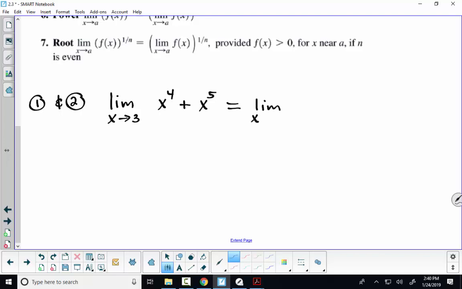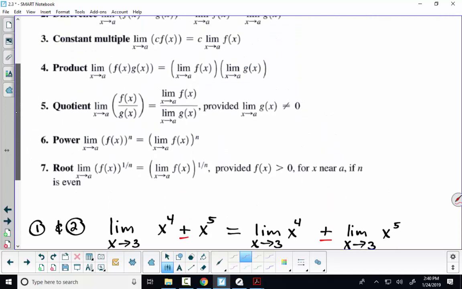So the limit as x approaches 3 of x to the 4th plus the limit as x approaches 3 of x to the 5th. And again, it doesn't matter if that was plus or minus, it works the same way. So in effect, we can distribute, we use that term loosely, limits across sums and differences.